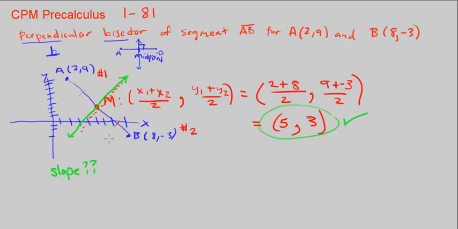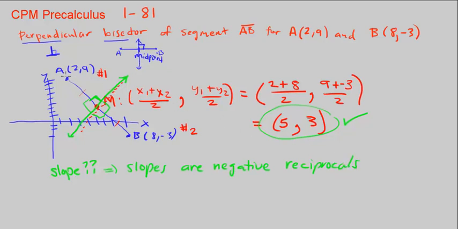Well, we know that this line that we're looking for, our perpendicular bisector, is perpendicular because it is going to intersect AB at 90-degree angles, right? So all around here, these are all 90-degree angles. So also, what do we know? If AB is perpendicular to our line here, then the slopes are going to be negative reciprocals, right?